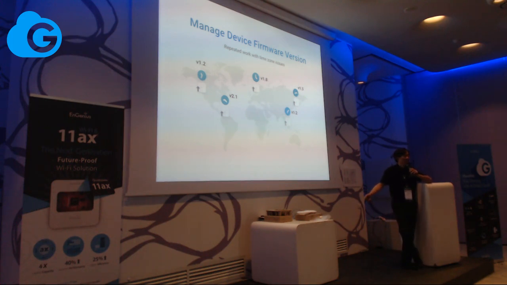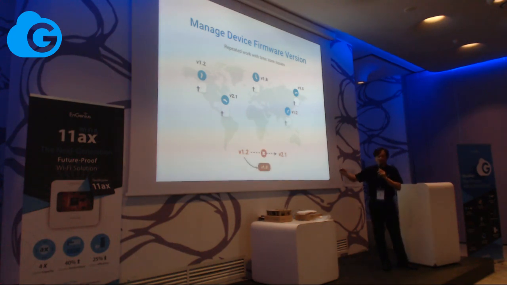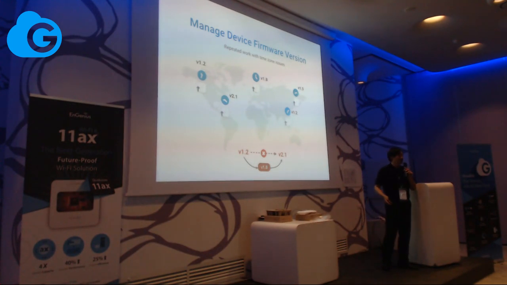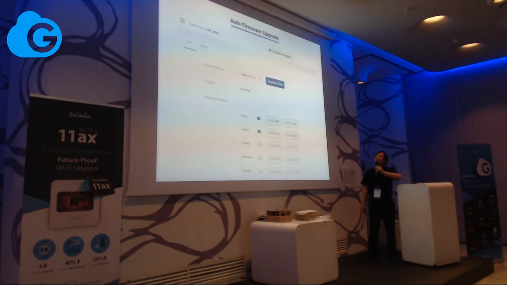What is worse? They said that you cannot upgrade from 1.2 directly to 2.1. You need to first upgrade to 1.8 and then 2.1. So it gives you lots of effort to do that. For cloud, you don't need to do that.